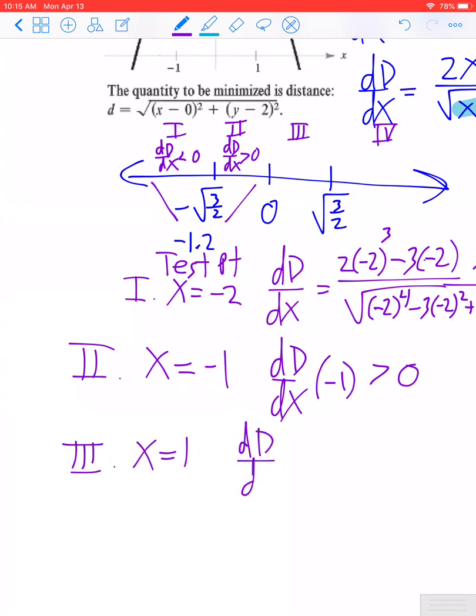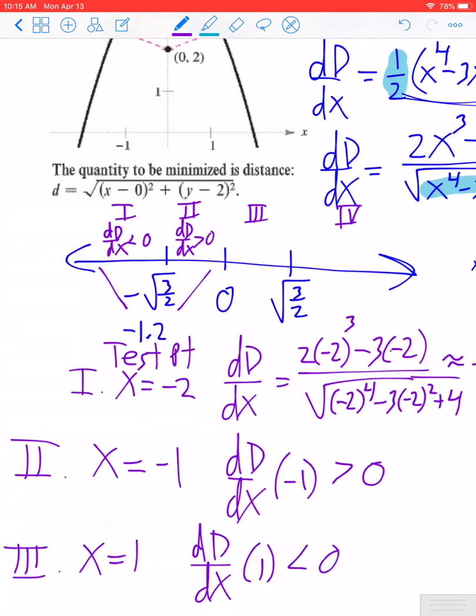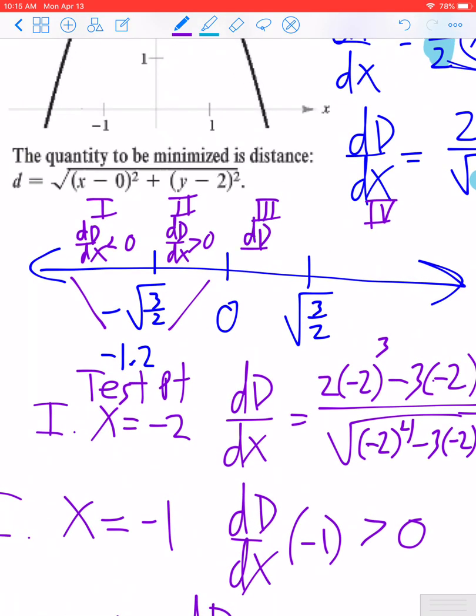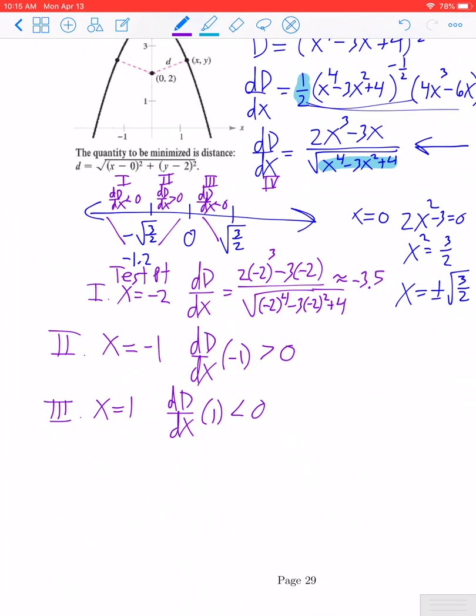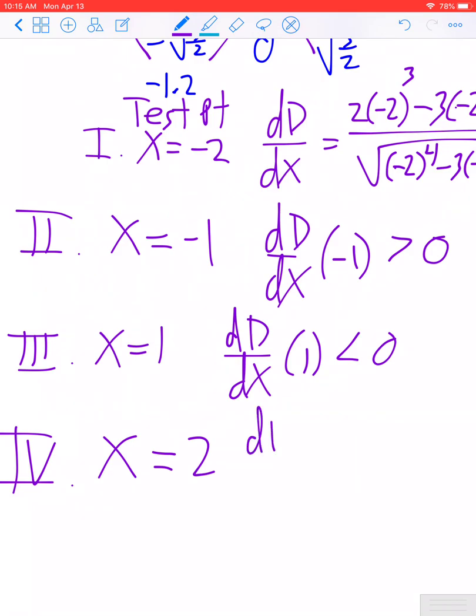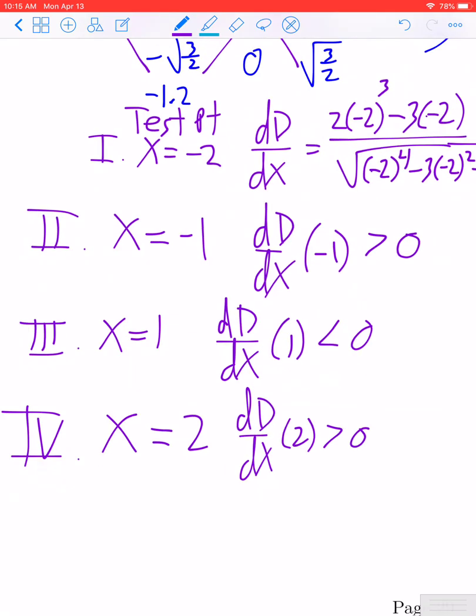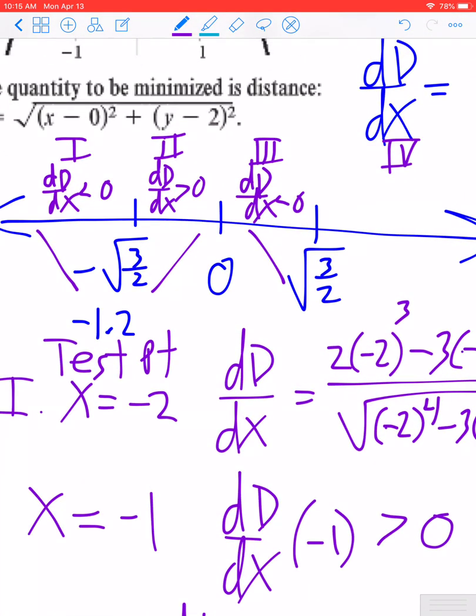If you calculate dy/dx evaluated at 1, that should be back to being less than 0, which means the function is decreasing. And a good test point to use in region 4, we could use x equals positive 2. If you evaluate the derivative at positive 2, it's going to be greater than 0. So in region 4, dy/dx is going to be greater than 0, which means that the function is increasing in region 4.